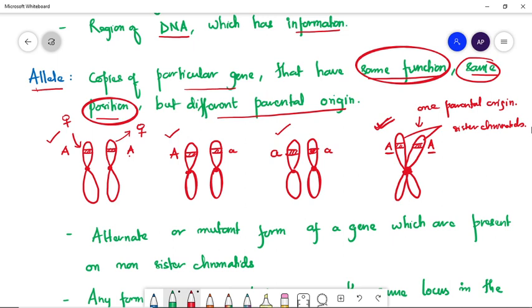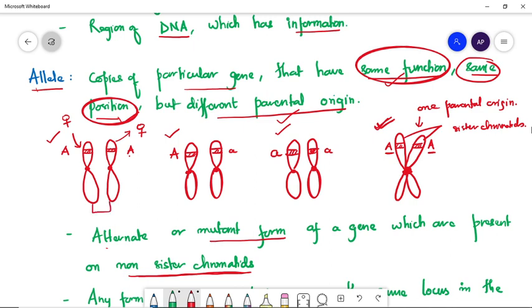For genes to be called alleles, they should have the same function, they should have the same position, but they should come from different parental origin. So we can define an allele as an alternate or mutant form of a gene which is present on non-sister chromatids. So these genes should always be present on the non-sister chromatids.